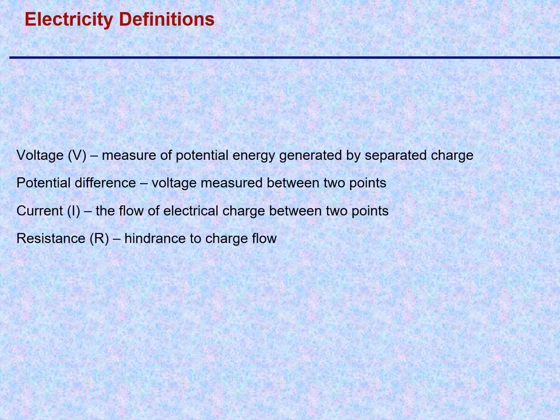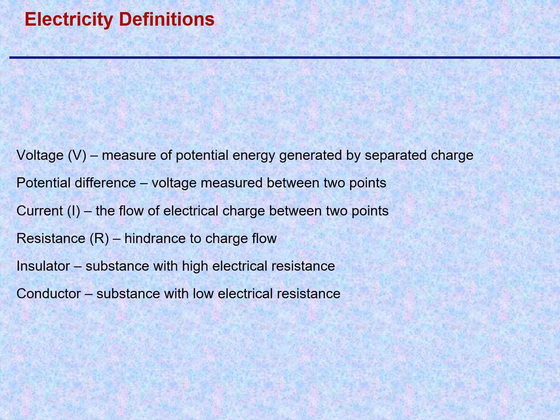Well, let's just talk about a few fundamental physics basics. Voltage is a measure of the potential energy that can be generated by separation of charge. So there is a voltage generated when the inside of the cell is negative and the outside is positive. The potential difference is the voltage measured between any 2 points.